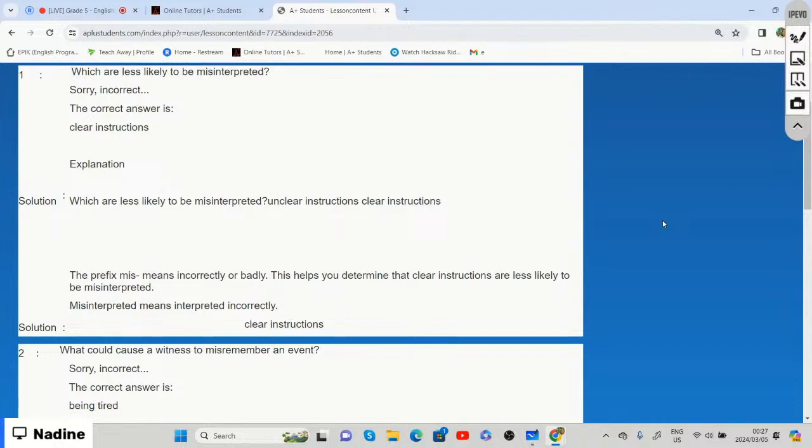All right. If we look at this word misinterpreted, if we look at the word misinterpreted, it is a negative word. It means that you are not interpreting me correctly, or it's interpreted incorrectly.